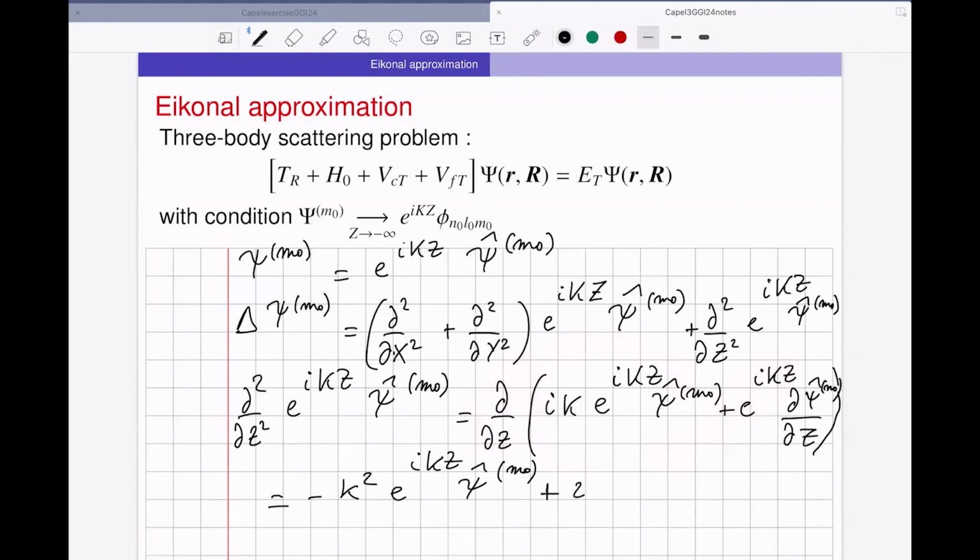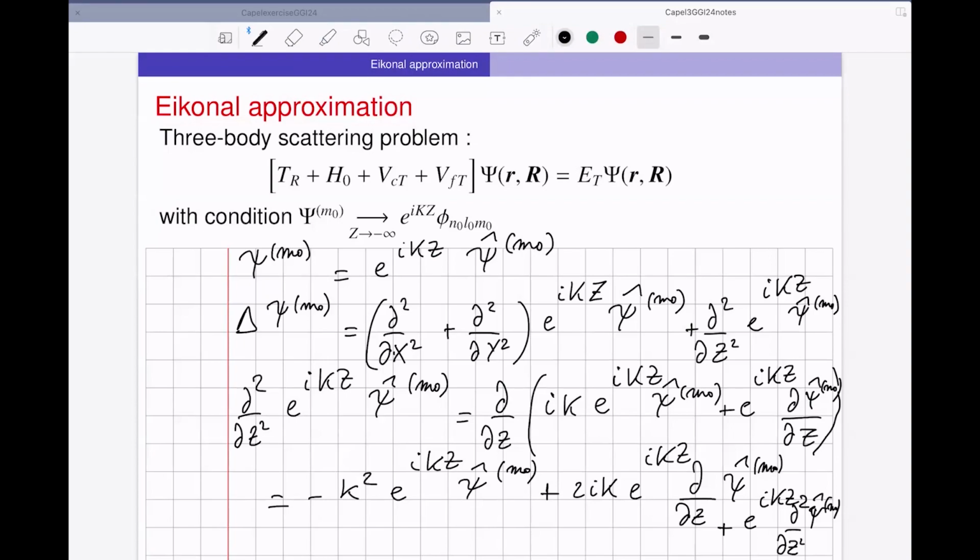So I will have twice i k e to the power i k z derivative over z of psi hat plus e^{ikz} second order derivative of psi hat. I don't need to close it here. So far, no approximation. It's just a regular calculation.